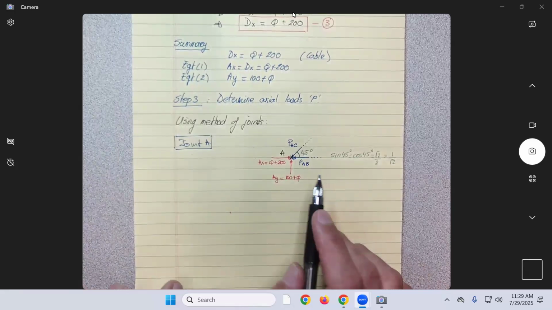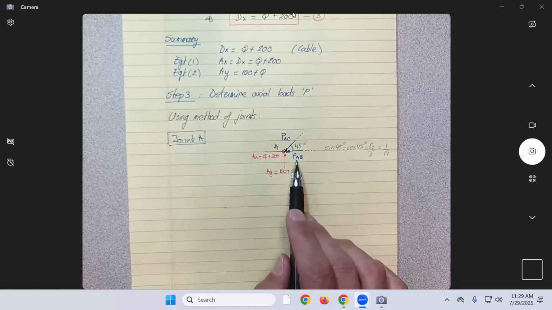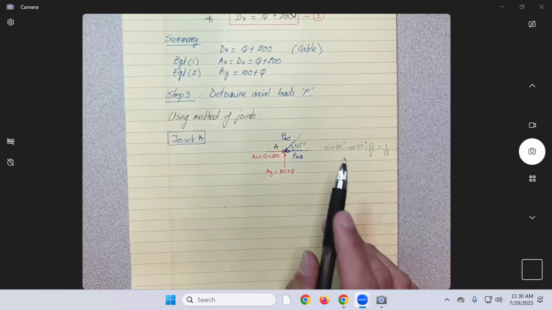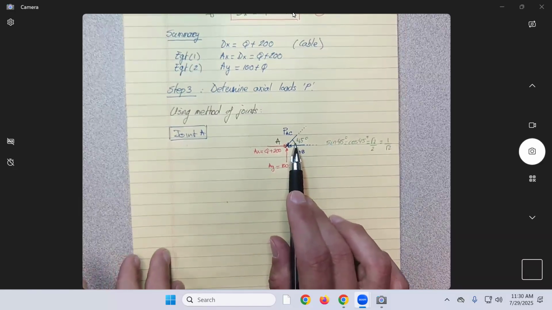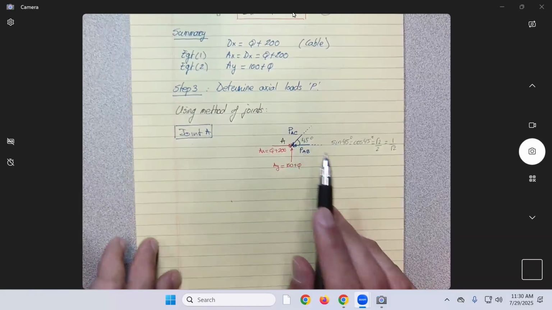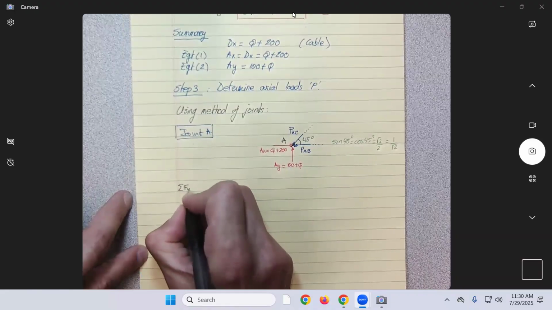Okay, so over here now to find PAC and PAB. PAB only has one component on the x, correct? This one, PAC, is going to have one component on the x and one component on the y. Okay, so in order to save some time, let's first solve then for PAC, because this is the only one that has one component on the y. So let's do summation of forces on the y.